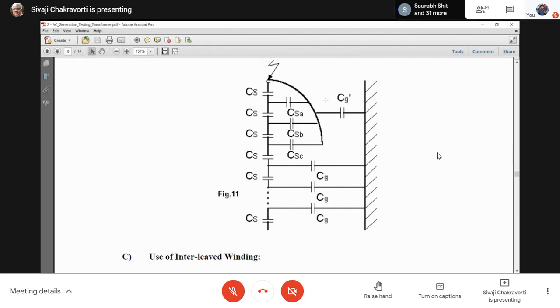Which also helps in linearizing the potential distribution. And by the way, this sort of static shield is not only used here, it is used almost everywhere. If you look carefully, even on high voltage transmission lines, you will see that a toroidal sort of shield is used at the high voltage terminal.